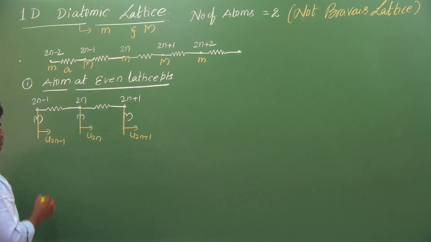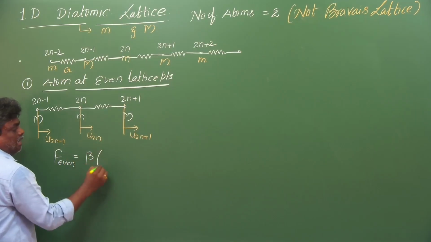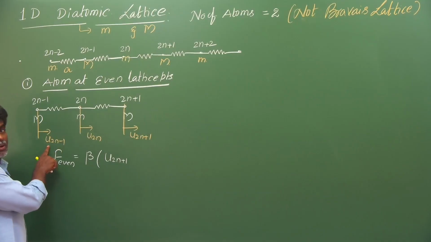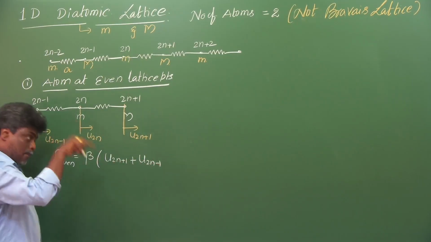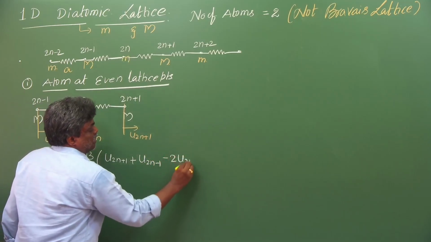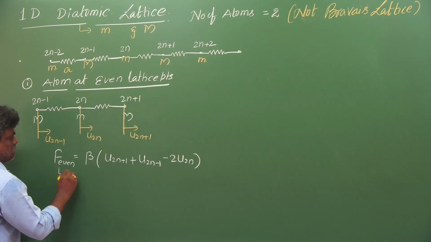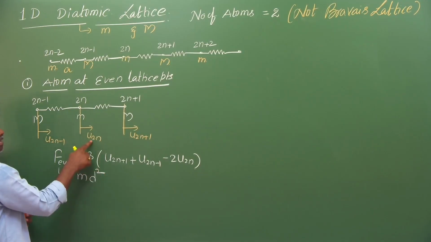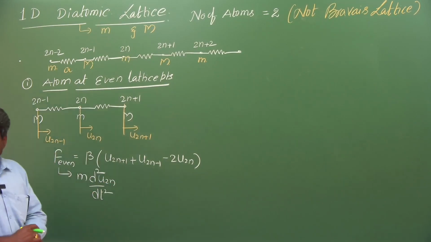If you remember what we have done in the last class, the force acting on this even atom equals beta into (u2n plus 1 minus u2n) minus (u2n minus u2n minus 1). Is that clear? Quite similar one. And this can be written as mass into acceleration, m d square u2n by dt square. Any trouble up to this?